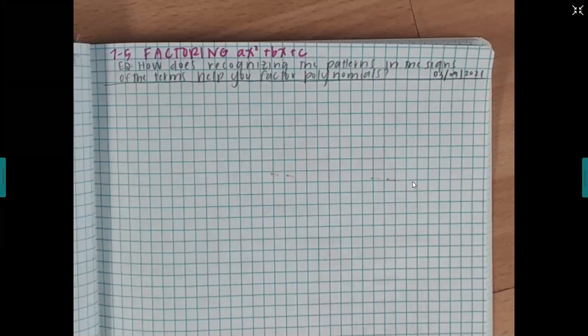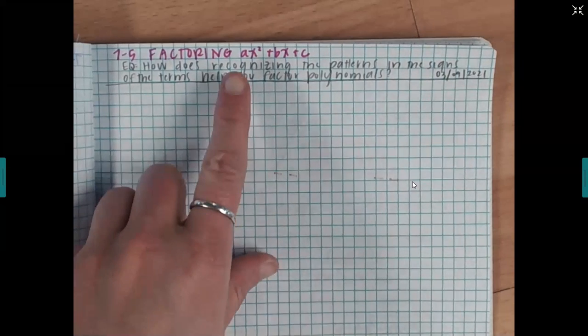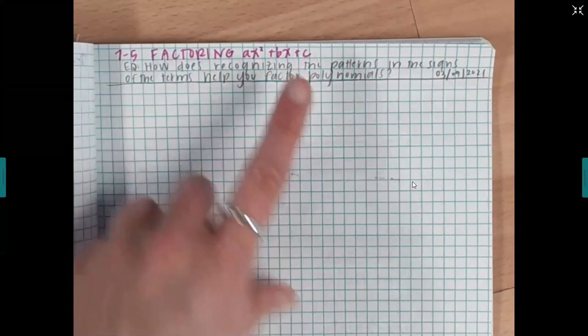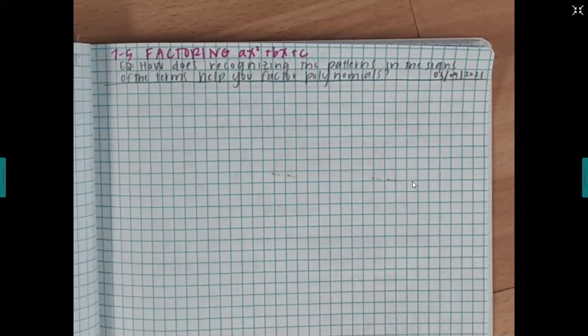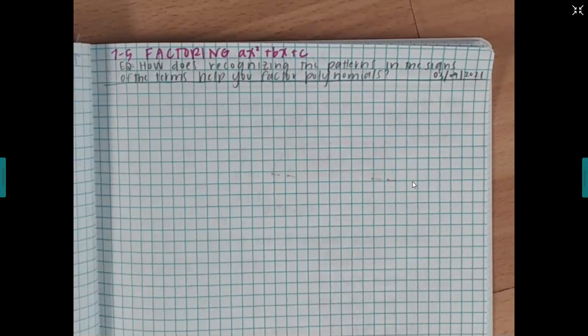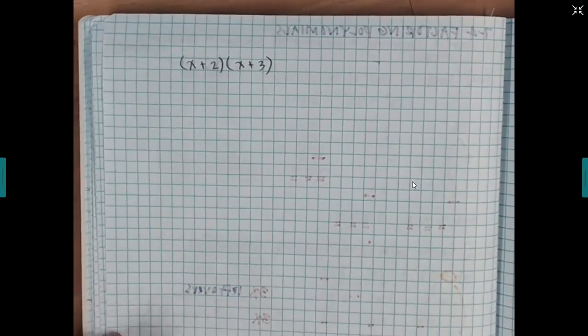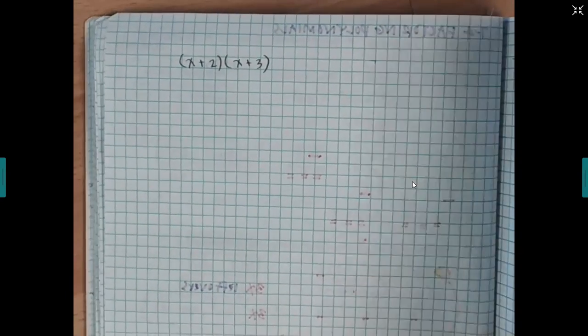These polynomials do not necessarily have a GCF, but we're looking at ax squared plus bx plus c. We're going to take that trinomial and factor it down so that it is the product of two binomials. So what we're going to look at to determine the pattern is x plus 2 times x plus 3.